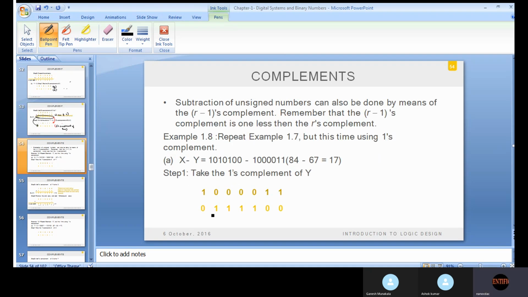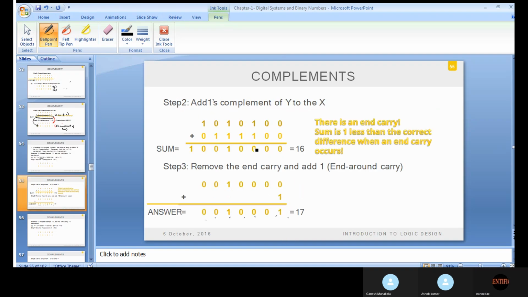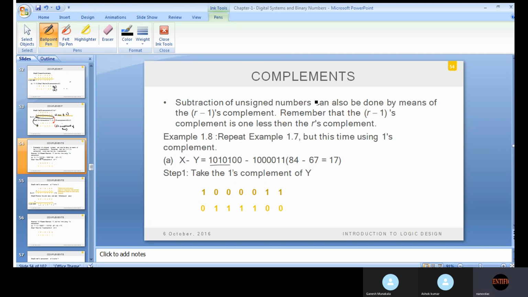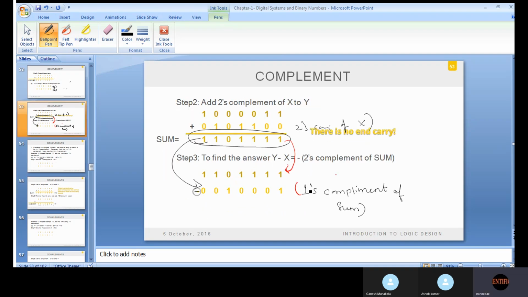తర్వాత see here 1's complement of ఇక్కడ ఏంటిది, if you check the result here, I think you got the answer, right? ఇక్కడ ఆన్సర్ వచ్చింది కదా, so it is 17.